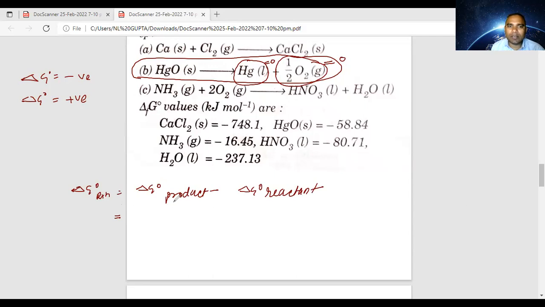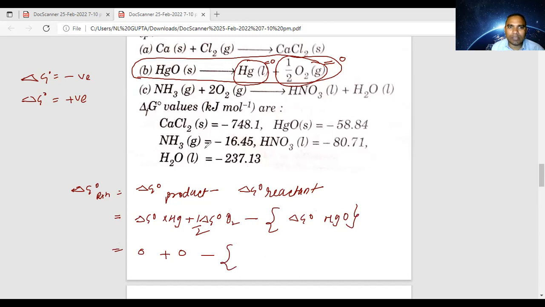So delta G naught: if you are writing the products, Hg is 0 and O2 is 0. You can write delta G naught of Hg plus 1 by 2 delta G naught of O2, minus delta G naught of HgO. This is 0 plus 0 minus delta G naught, and this is negative.